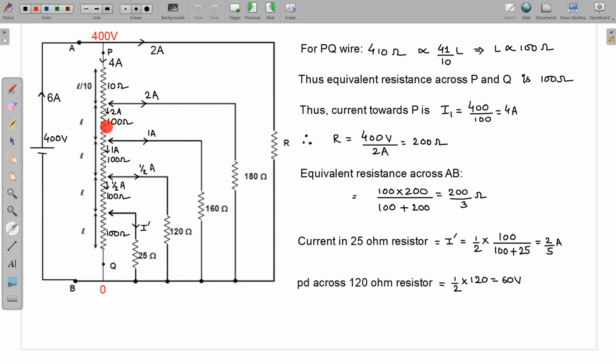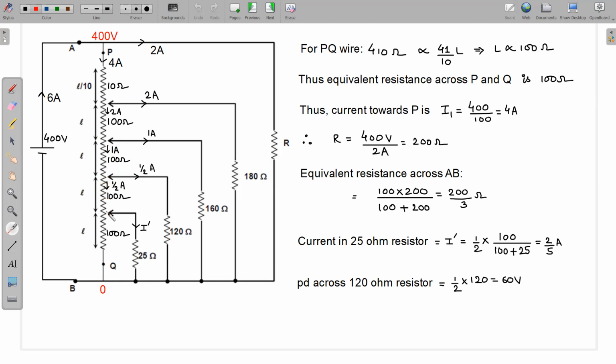Now this 2 ampere enters at this particular node and again equally divides into two parts, because in this path the resistance is 160, and at the starting we calculated that the resistance of this portion is also 160. Now this 1 ampere current will again equally divide into two parts. In this path the resistance is 120, and the equivalent for this portion we found to be again 120. So it equally divides into two parts.